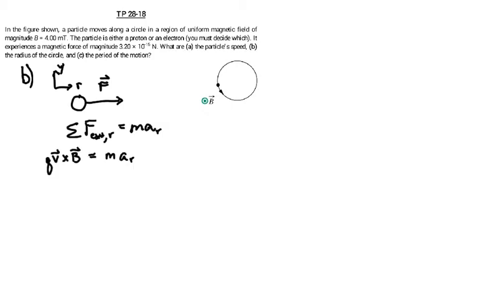Alright, so here's our Newton's second law analysis in the radial direction. We only have one force acting on our particle, and that is the Lorentz force. And we have that Lorentz force equal to the mass of our particle times the acceleration in the radial direction. Now, from this, do you see an R for radius?